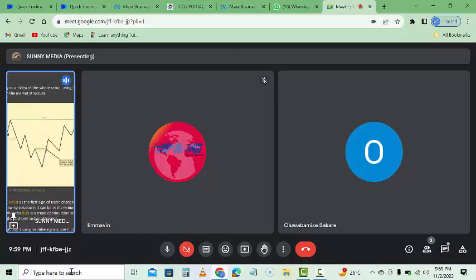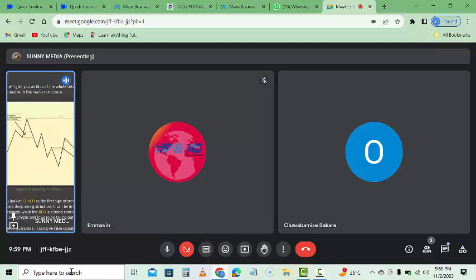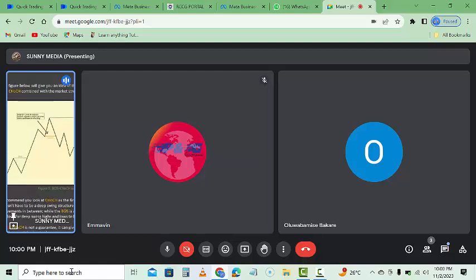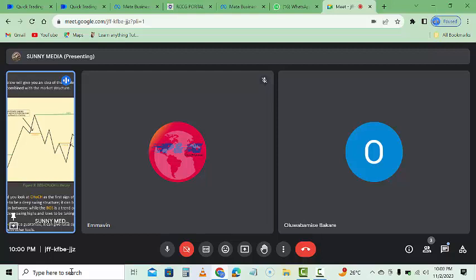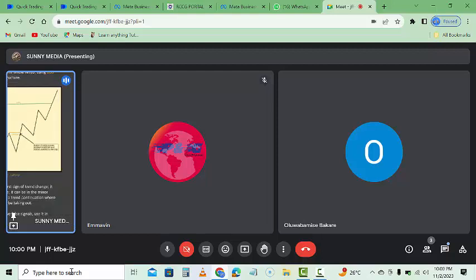Okay, so here is the CHoCH, change of character. And as I just explained, change of character will always occur first before the BOS. A bearish CHoCH signals that a bullish uptrend may be over, meaning we are changing trend from upside to downside. A bullish CHoCH signals the pullback may be over and an uptrend is starting.